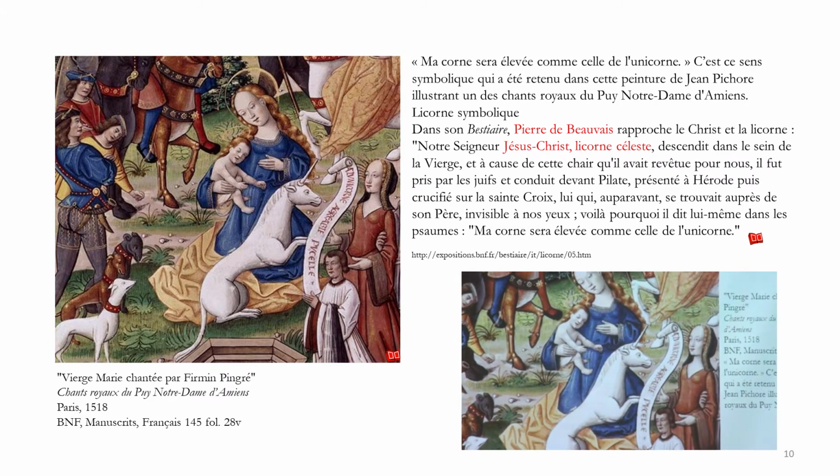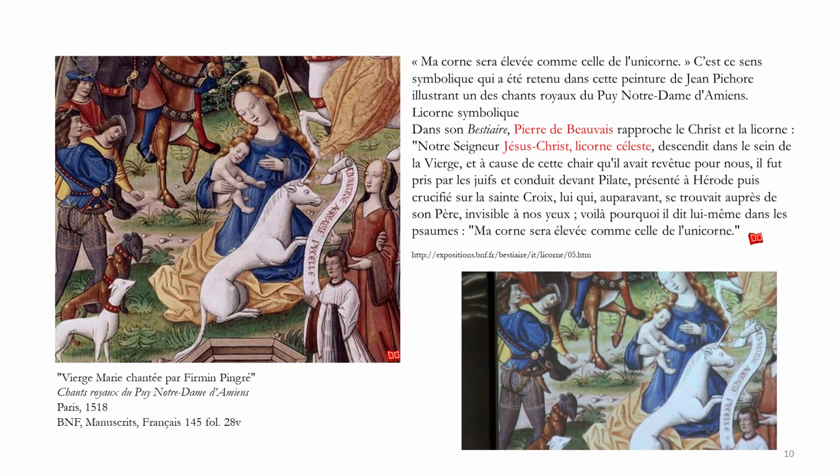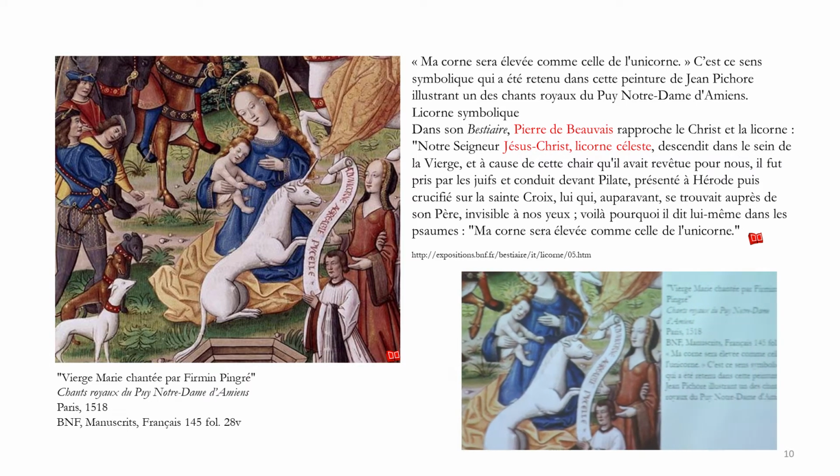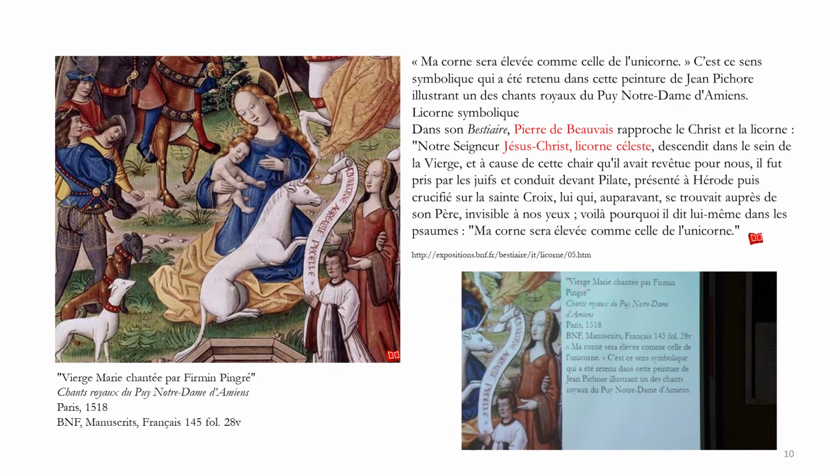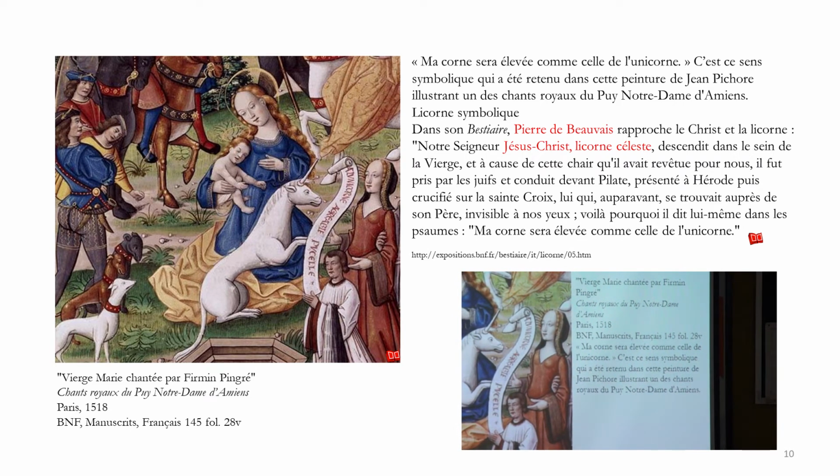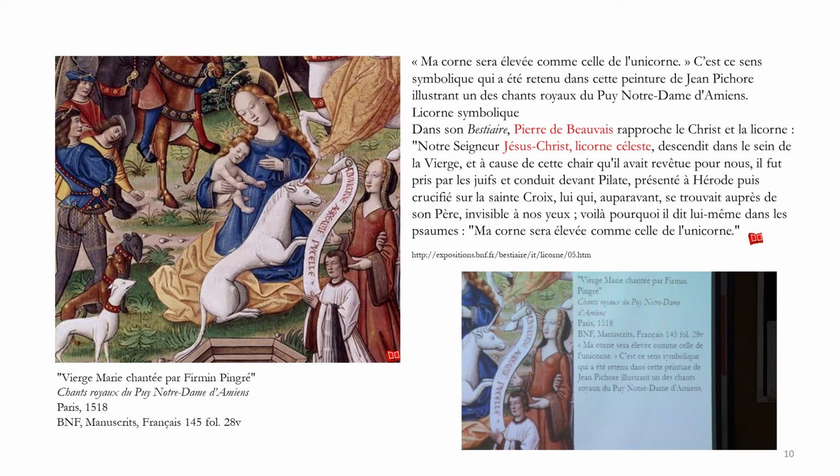This is from a bestiary by Pierre de Beauvais, and the text runs like this: Our Lord Jesus Christ, a heavenly unicorn. So the heavenly unicorn, Jesus the heavenly unicorn, descended to the breast of the Virgin. So this time it's a capital V for the Virgin.